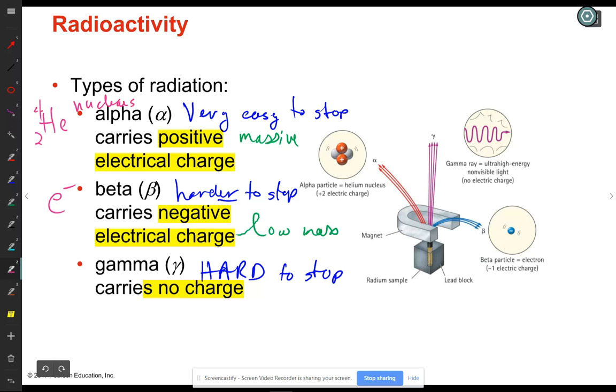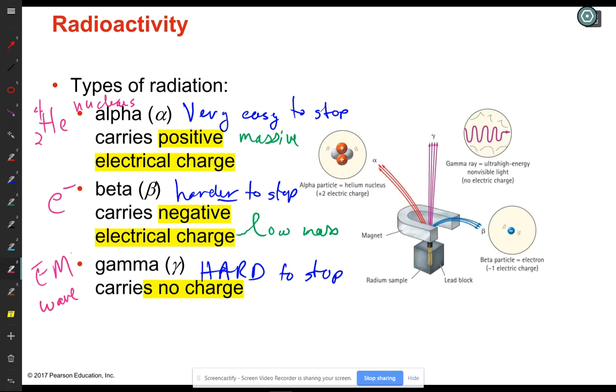No electrons, but 2 protons and 2 neutrons bound tightly together. And the gamma, well, I'm just going to put EM wave here. Electromagnetic wave. The same thing as light. So these are very different things, but they all carry energy.